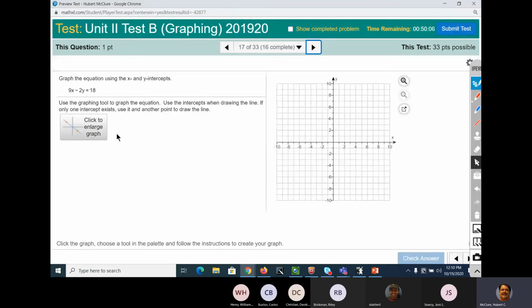Graph using the x and y intercepts. I told you that 60% of your graphing questions were going to be method 2. So I gave you fair warning. X-intercept, y-intercept.